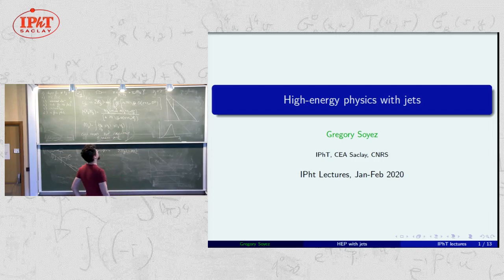So p of z is 2 CR over z. So you'll get an alpha s CR over pi log 1 over z cut log 1 over theta g squared.